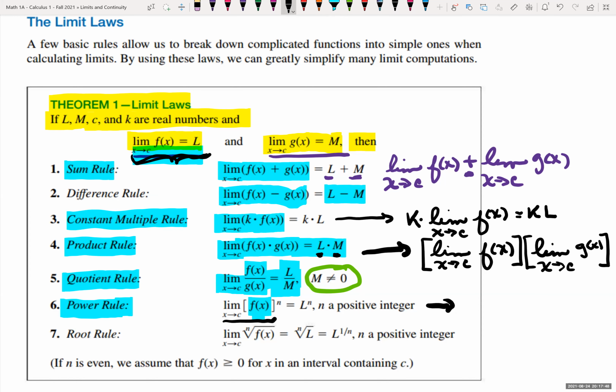So really here, I'm saying this is the same thing as looking at the limit as x approaches c of f of x, and then raising it to that nth power.